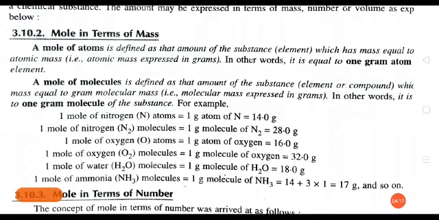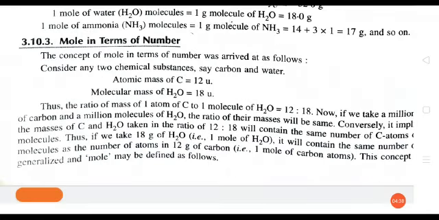Here also the same criteria we will follow. Molecular mass of water, that is H2O, is 18 u, which is the molecular mass unit, but here u is replaced by g, which will be gram molecular mass. Okay. Now next is mole in terms of number.